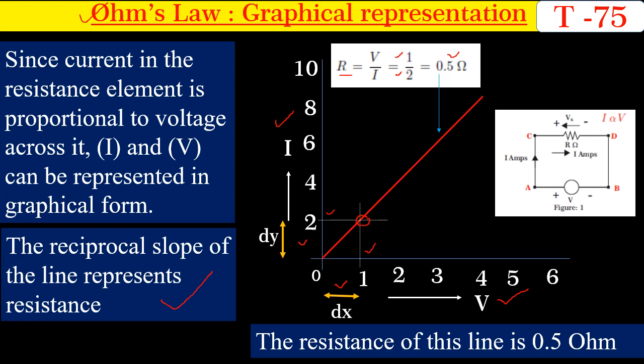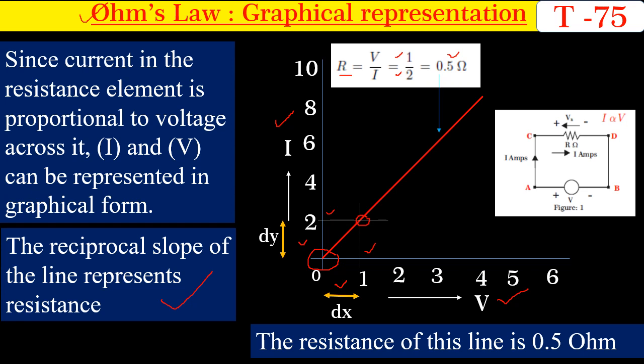Now, because the relation is a straight line, the slope will remain same at all the points on this line. And if I ask you, what is the resistance at origin? If we say it is 0, it is wrong.